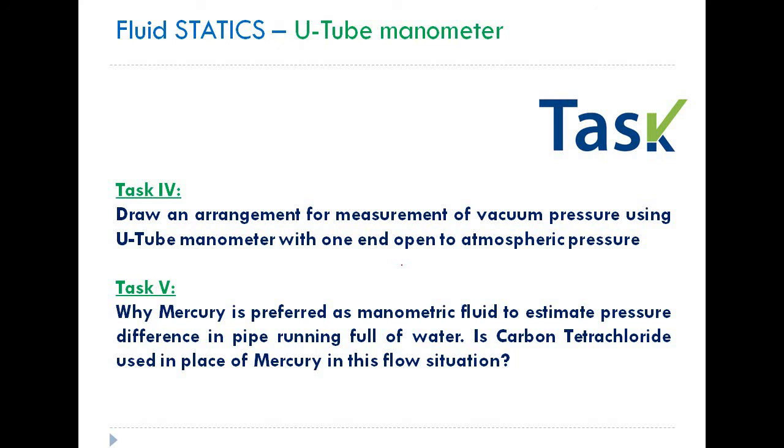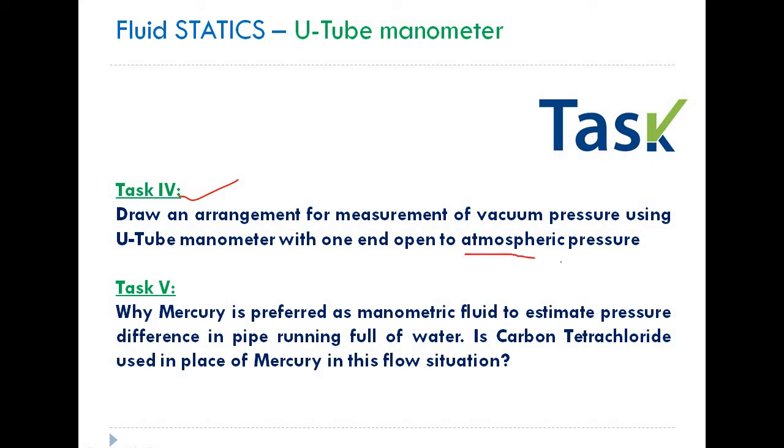So with this background you are given a task. Task 4: Draw an arrangement for measurement of vacuum pressure using a U-tube manometer with one end open to atmospheric pressure. A simple manometer.